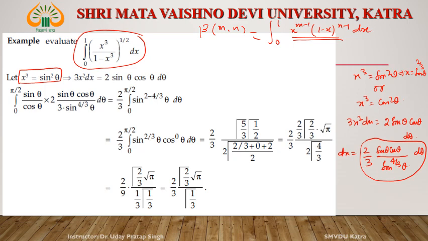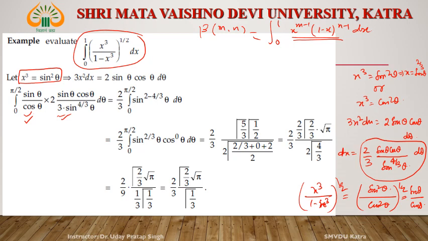So 1 minus, now what is x cube? 1 minus x cube whole to the power 1 by 2. x cube is sine square theta, and 1 minus x cube is 1 minus sine square theta, that is cos square theta, whole to the power 1 by 2. This is equal to cos theta. So this one is cos theta, sine theta by cos theta into dx. Now simplify this term. Cos theta is cancelled out.